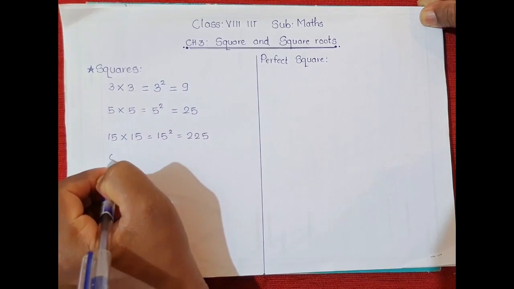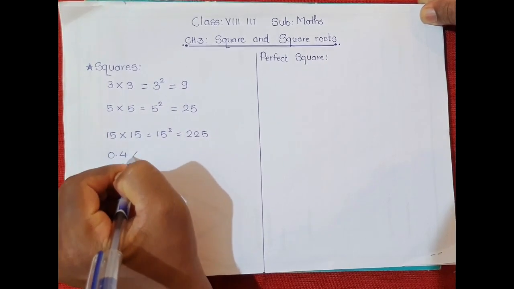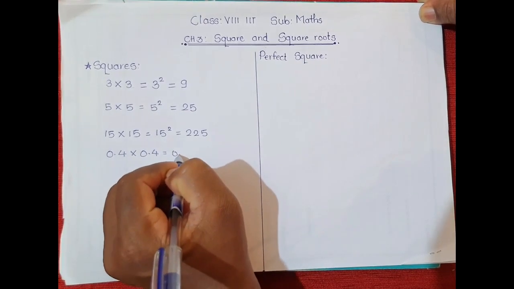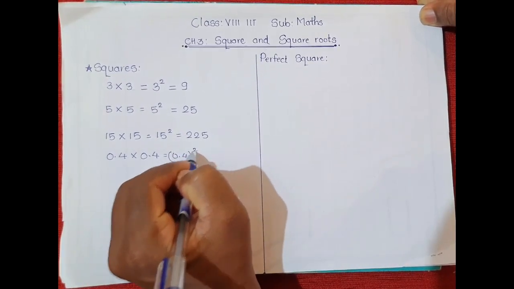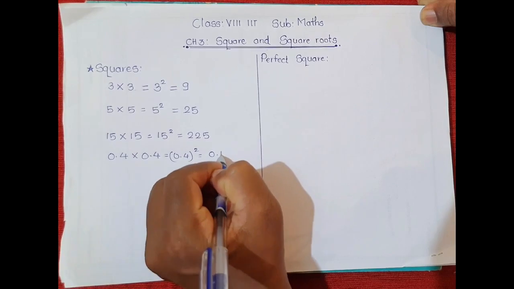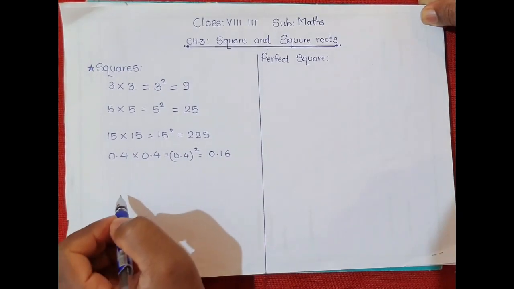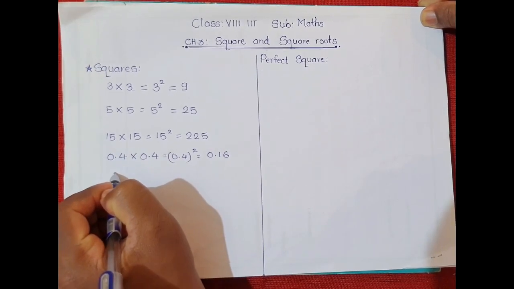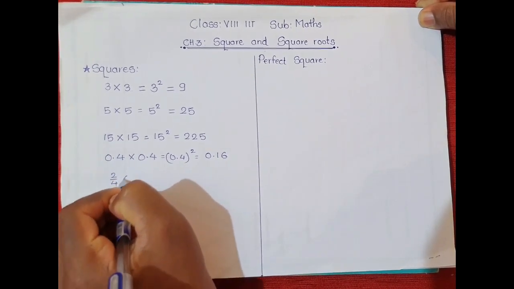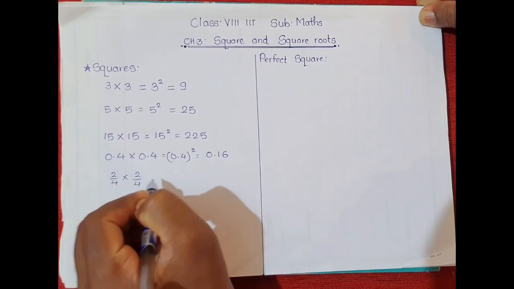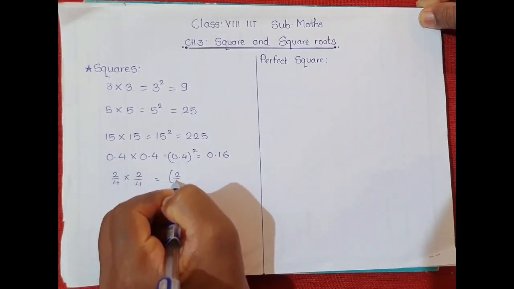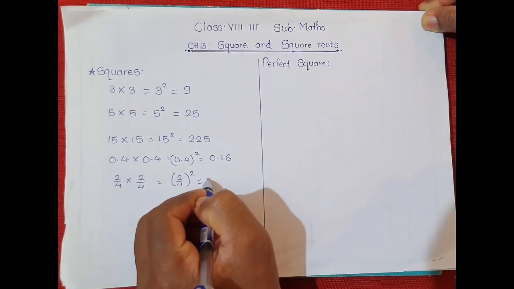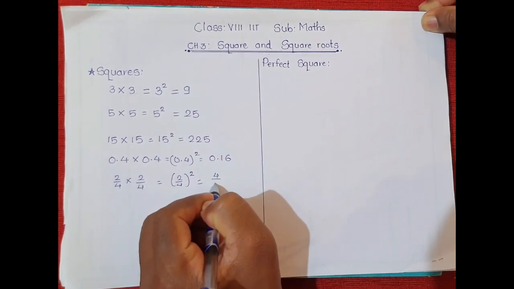Or 0.4 into 0.4 is equal to 0.4 raised to the power 2, that is 0.16. Okay. Or if you want to take another example of a rational number, 2 by 4 into 2 by 4, that is 2 by 4 is multiplied 2 times, that's why 2 by 4 raised to the power 2, which is equal to 4 by 16.